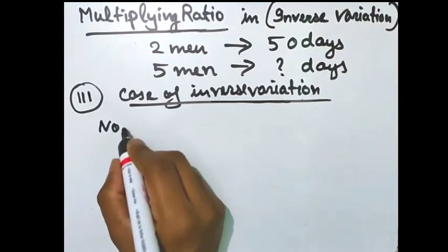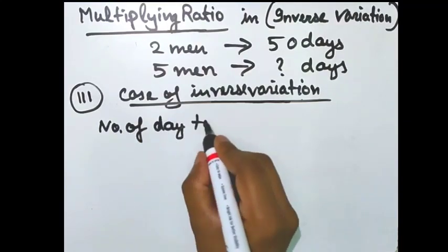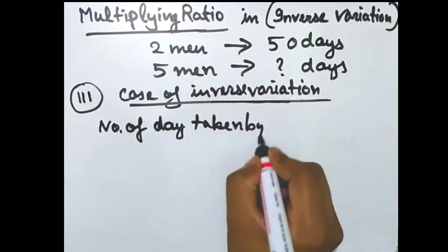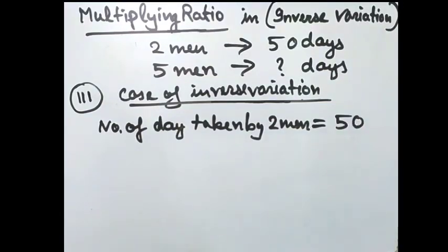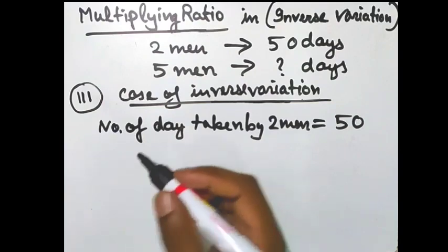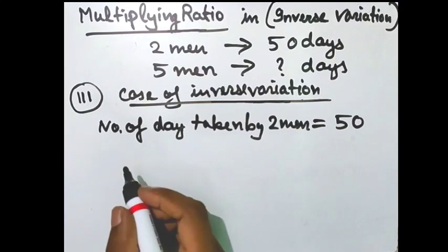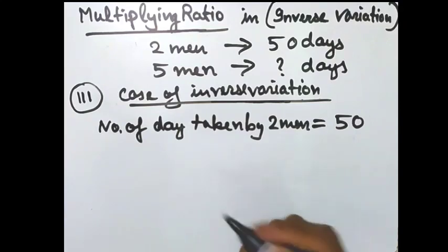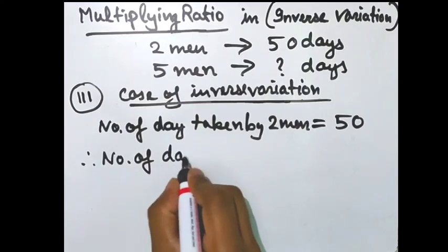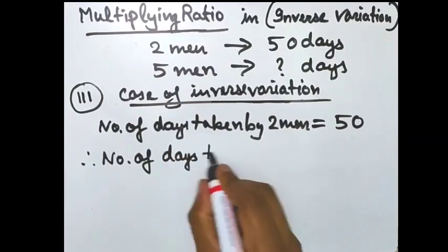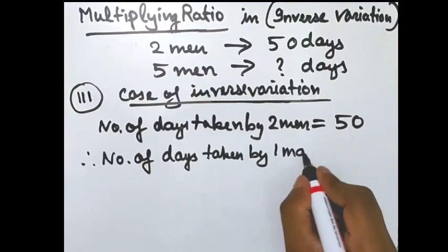Number of days taken by 2 men is equal to 50. Then we can find the number of days taken by 1 man. So we can say, therefore, the number of days taken by 1 man.